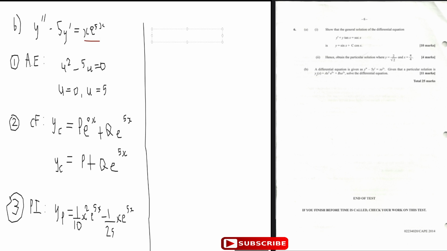You have to remember that the general solution is equal to the complementary function plus the particular integral. That's the general solution.